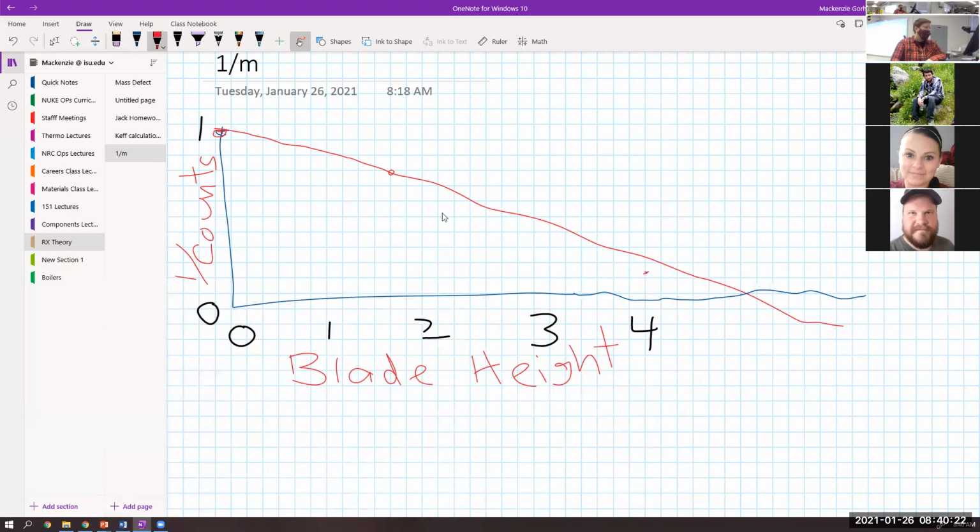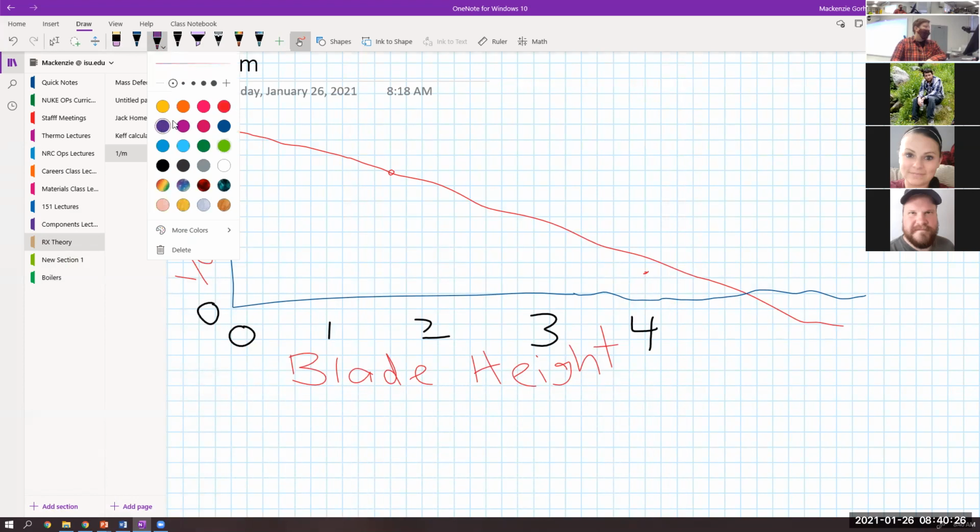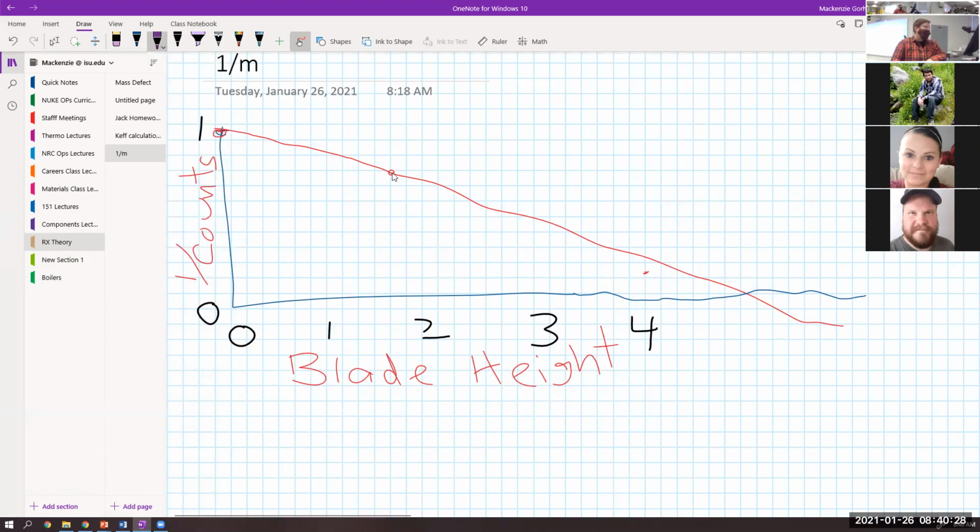4 and 0.5. Now I'm going to make another estimate using my most recent data. So I will draw a line from this point to this point, and it's going to change where it tells me I go critical.